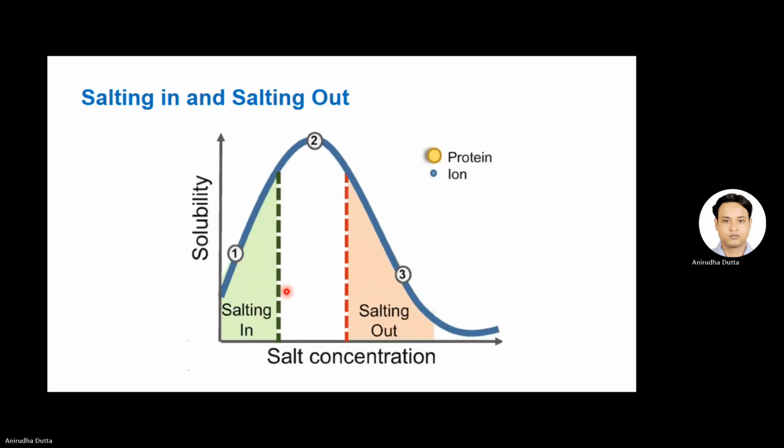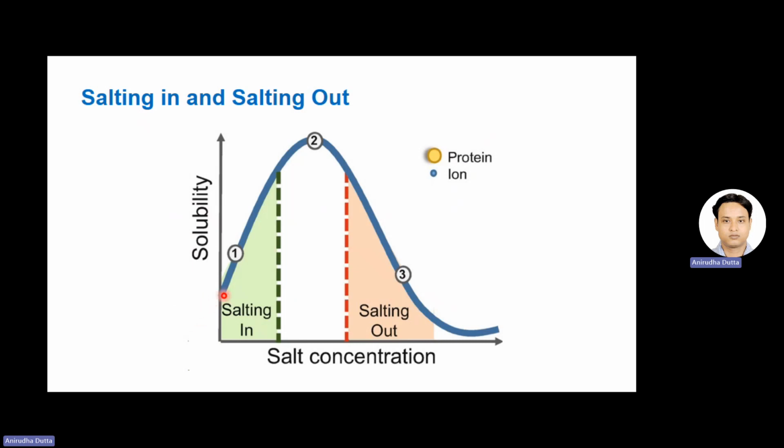Okay, so what exactly do we mean by salting out? There is another term, it's called salting in. Okay, so the solubility of a protein depends on the ionic strength and the presence of different ions and salt in the solution. So if you start increasing the concentration of salt in a protein solution starting from zero, what would be the effect on solubility?